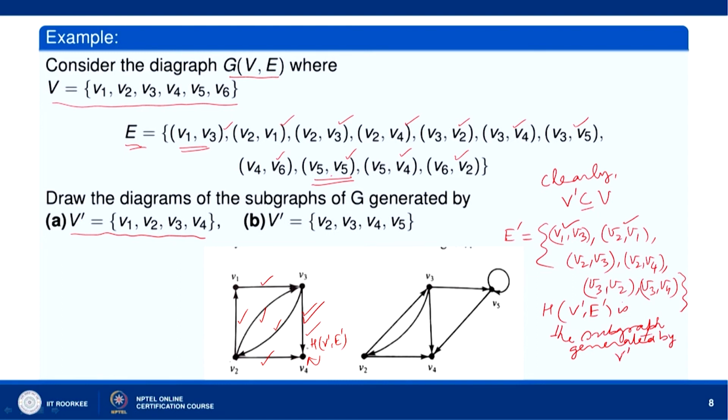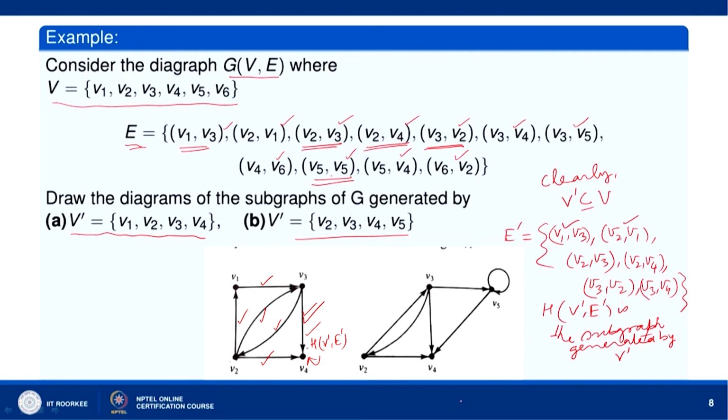Now, in the other example part, B dash is B2, B3, B4, B5. So, let us consider those ordered pairs in E whose endpoints are B2, B3, B4, B5. So, B2B3. We can take this one, B2B3. Then we can take B3B2. We can also take B2B4.